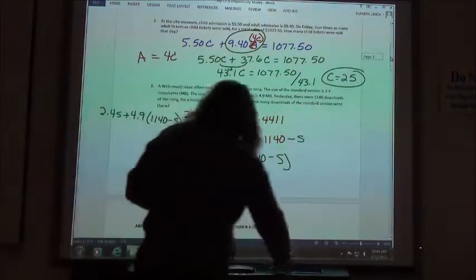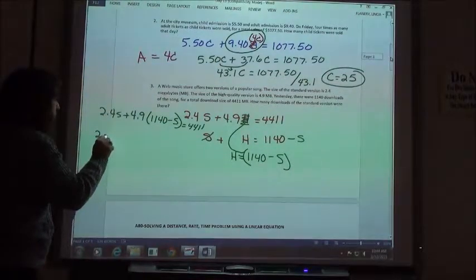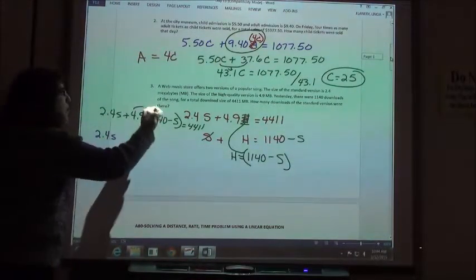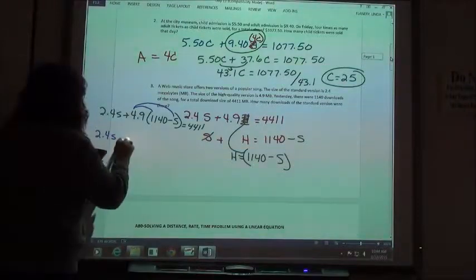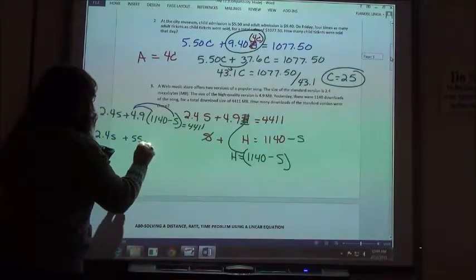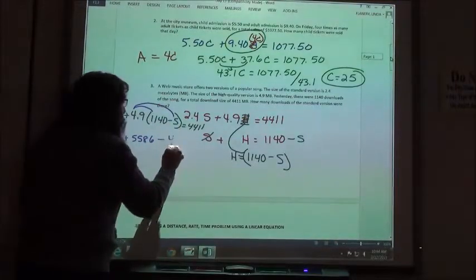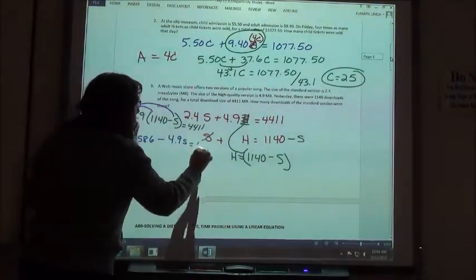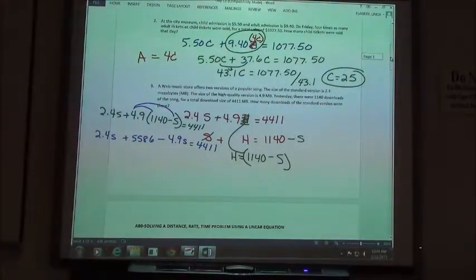Solving this, I'm going to use my distributive property. So 2.4S, and then here I'm going to multiply that out. So 4.9 times 1140 equals 5586 minus the 4.9 times the S. So 4.9S equals my 4411.